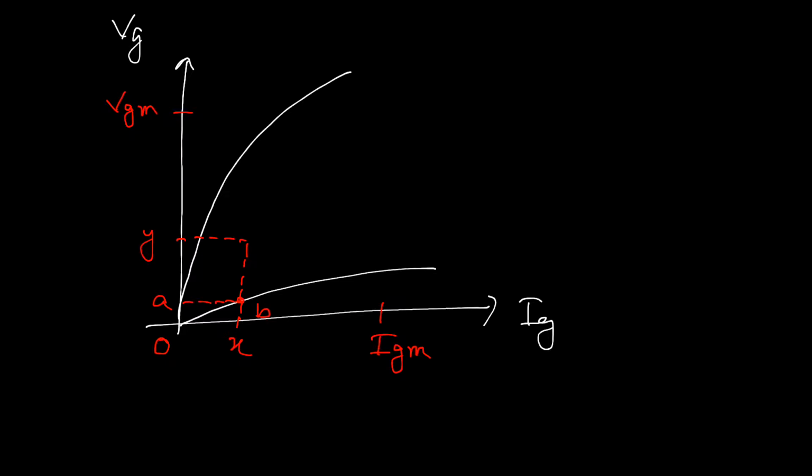That is why if we consider any point over here between X and IgM and between Y to VGM, if we can plot in this same plane Vg and Ig, then we can have this kind of characteristics.